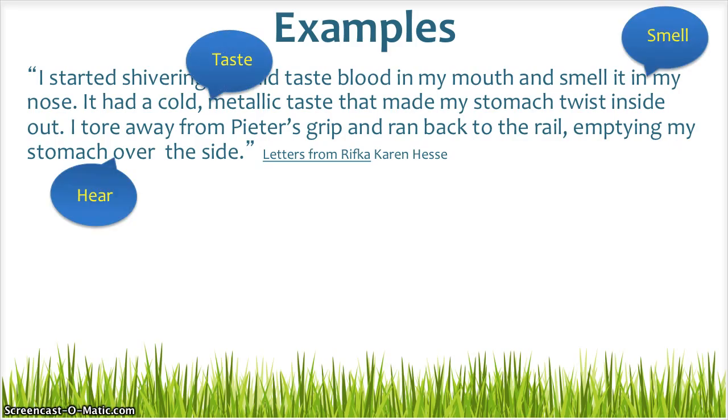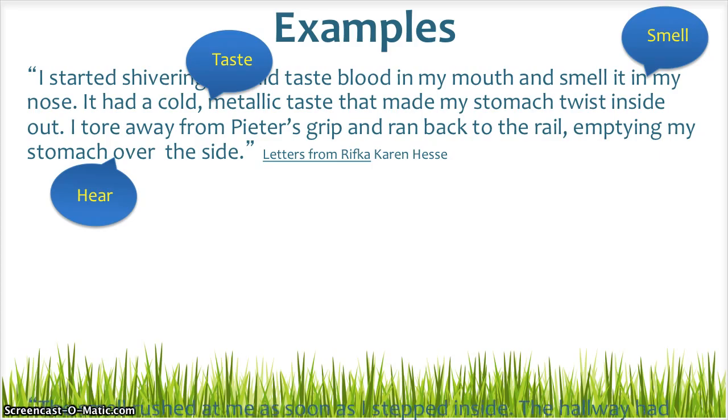We're able to smell the blood immediately. We can imagine that metallic taste that she describes. And finally, unfortunately, we're also able to imagine that we can hear somebody vomiting over the side of a boat. So sorry, I know that's gross, but it's also fantastic writing.